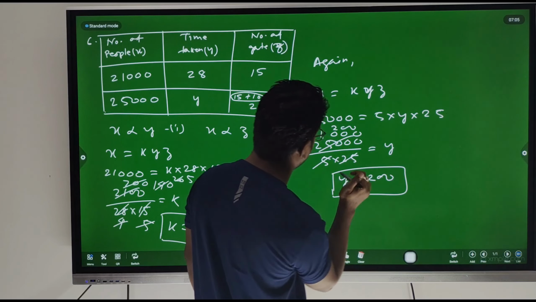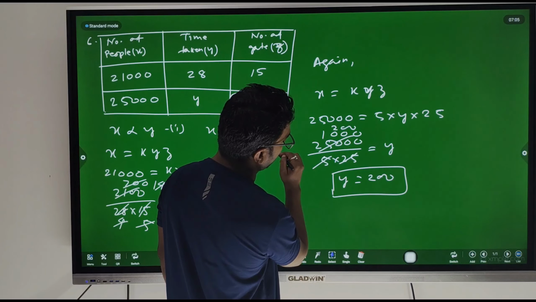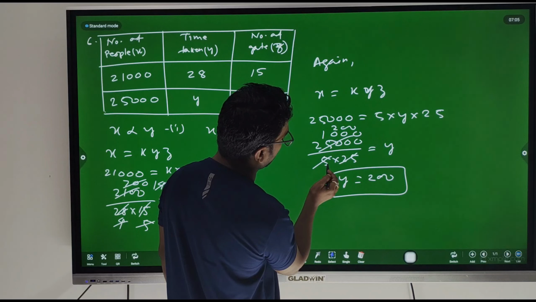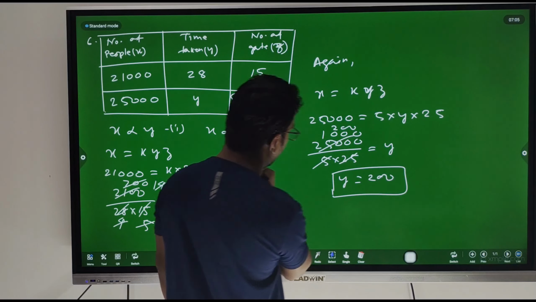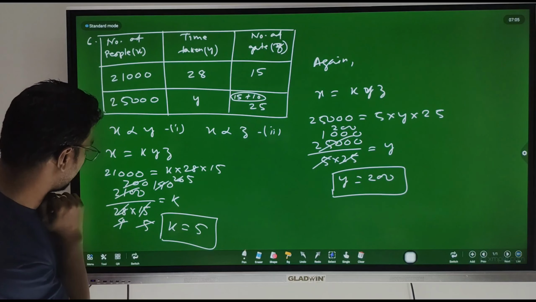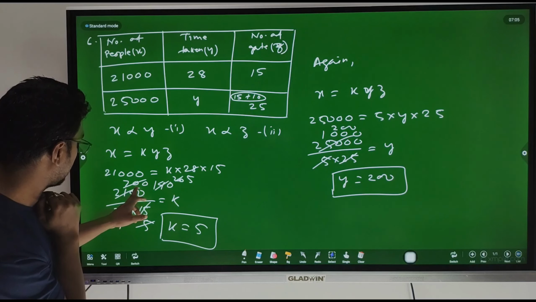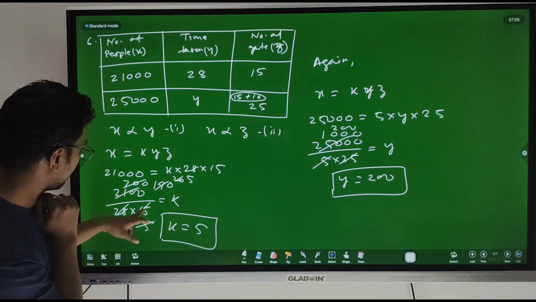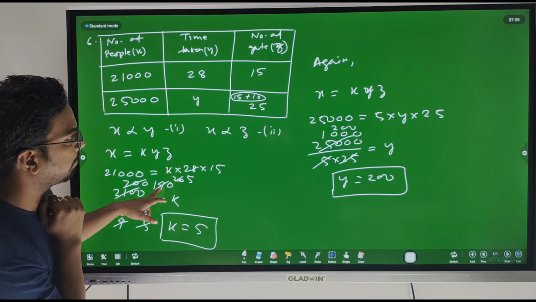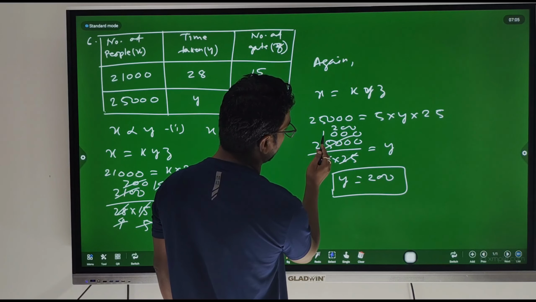200 minutes. Okay, 25 into 1 and 5 2s are 10. 200 or 20? It will be 20, I think. Here we got cancel. So here it will be 5 1s are 5, 2 0.